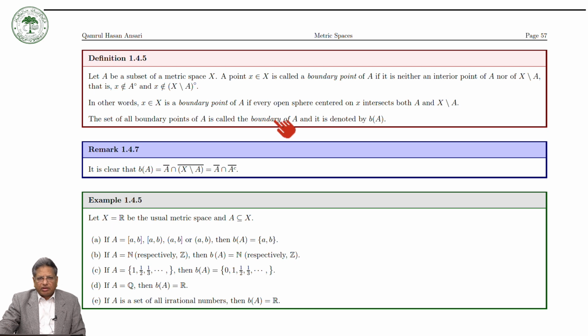The set of all boundary points is called the boundary of A, and it is denoted in this way.